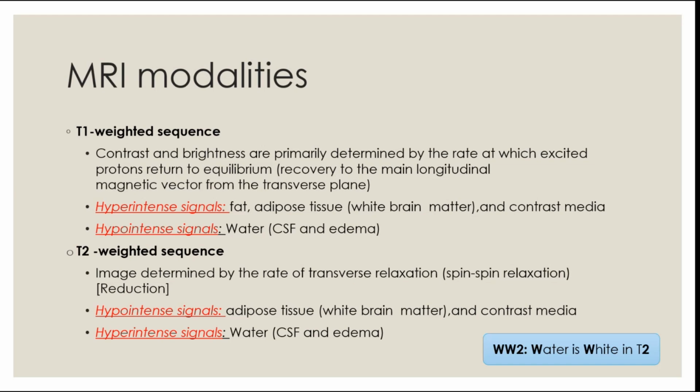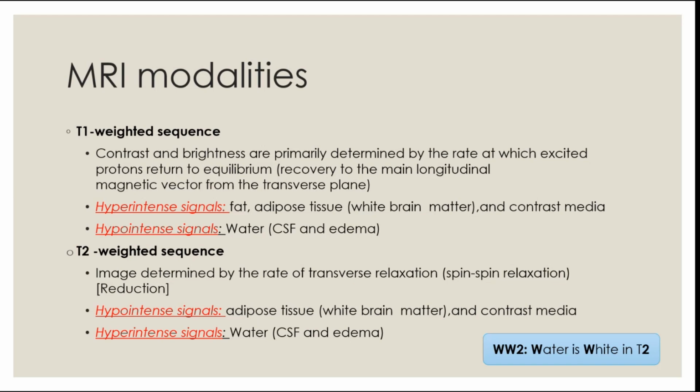So for T1, we said it's how quickly the proton realigns after the pulse has been removed. And if you want to describe an image or MRI, you need to use hyperintensities or hypointensities. In a T1 image, hyperintense is anything like fat or adipose tissue or even contrast media.